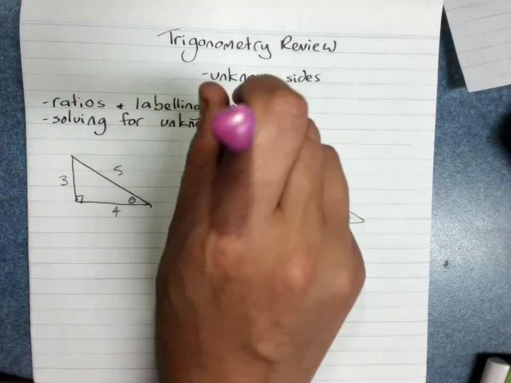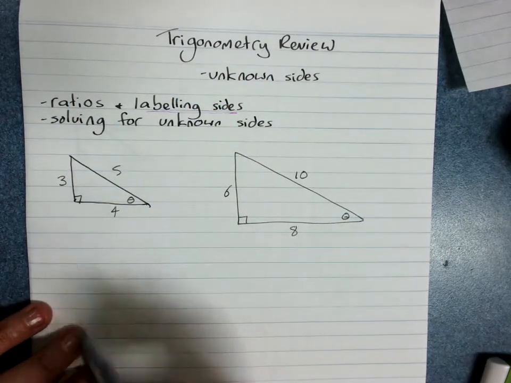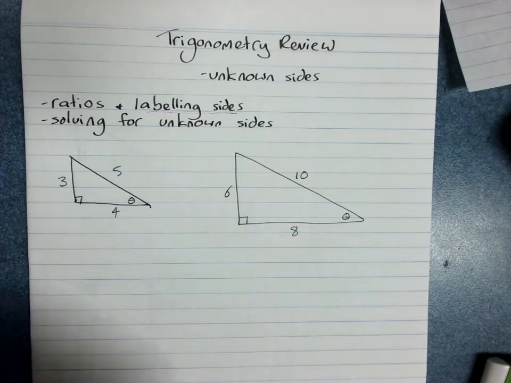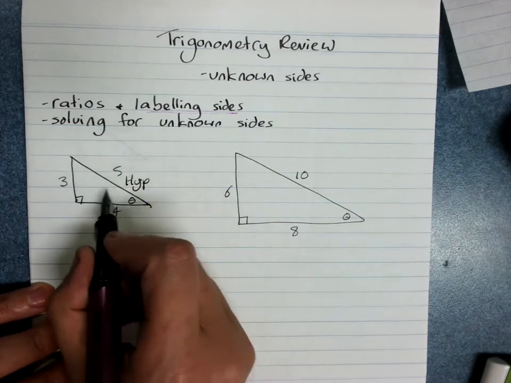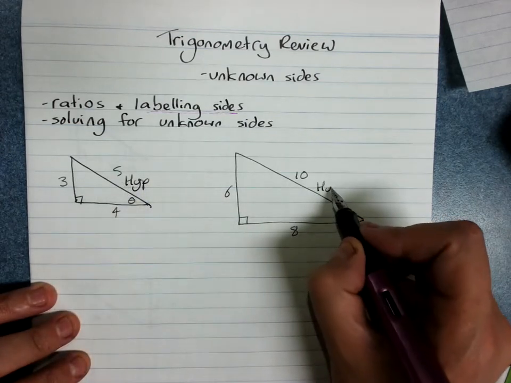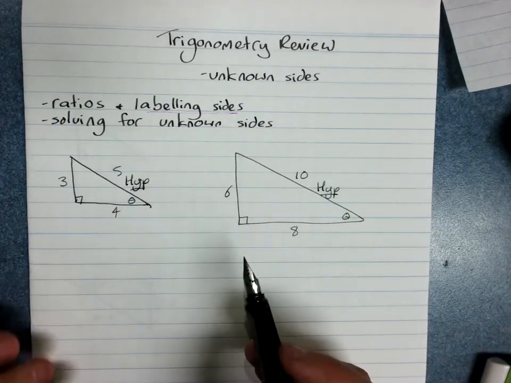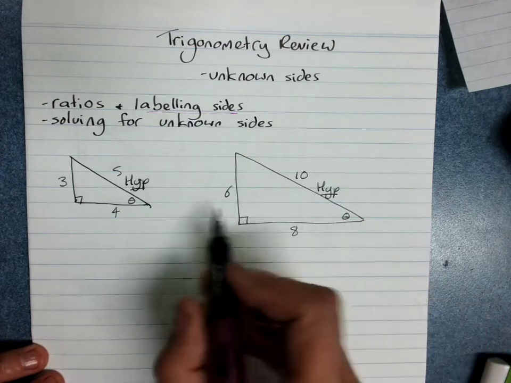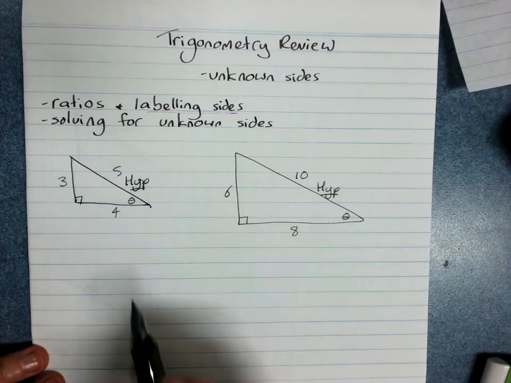When we label the sides of our triangles, this only works for right-angled triangles, we already know the hypotenuse, that is opposite the right angle. So this is our hypotenuse, and this is our hypotenuse here. The other two sides get labelled as the opposite and the adjacent, and that depends on which angle is the one that we are using to solve the problem.